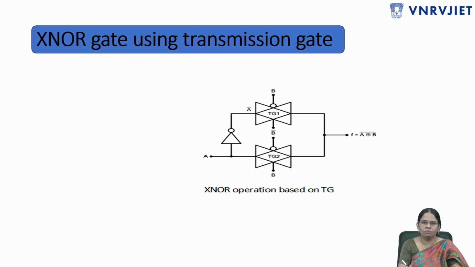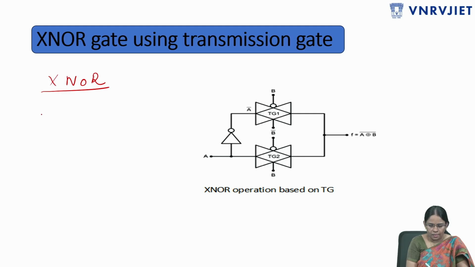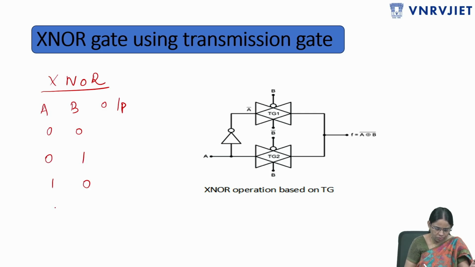This is one more example of transmission gate, used for the XNOR gate. Let us see how we can implement XNOR. For that, first we have to write the XNOR truth table: 0 0 gives 1, 0 1 gives 0, 1 0 gives 0, 1 1 gives 1.